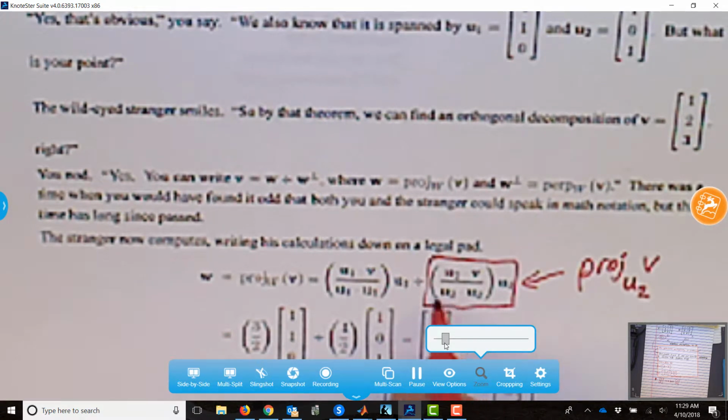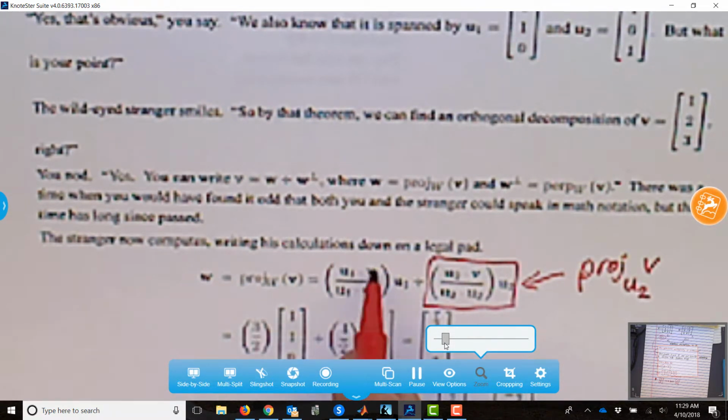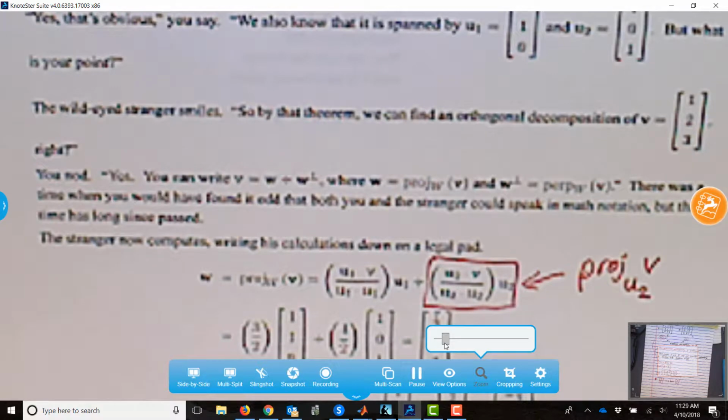See? Because it's a scalar multiple times U2. And this is the projection of V onto U1. Right? So that's a fancy way of writing it according to what he says.